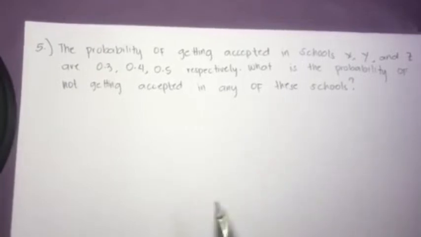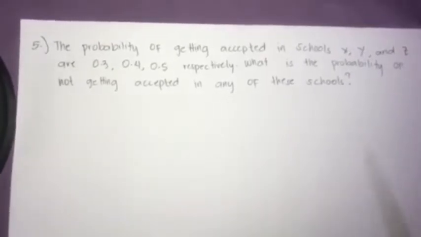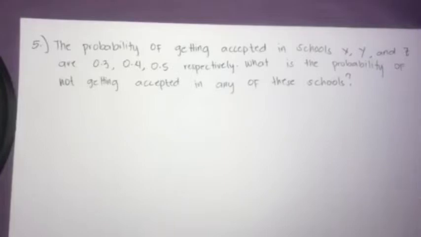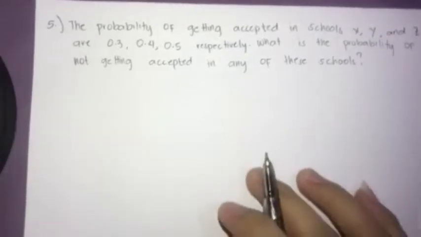So the problem is, the probabilities of getting accepted in X, Y, and Z are 0.3, 0.4, and 0.5 respectively. So the question is, what is the probability of not getting accepted in any of these schools? Let's make a table first.